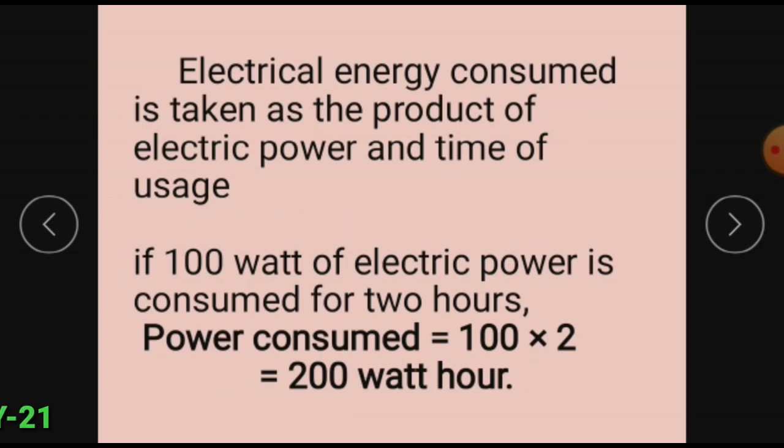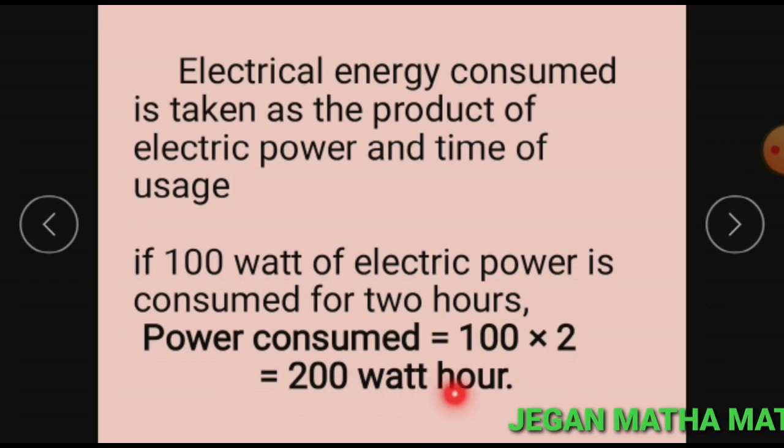Electrical energy consumed is taken as the product of electric power and time of usage. For example, if 100 watt of electric power is consumed for 2 hours, so energy consumed equal to 100 watt into 2 hours equal to 200 watt hour.